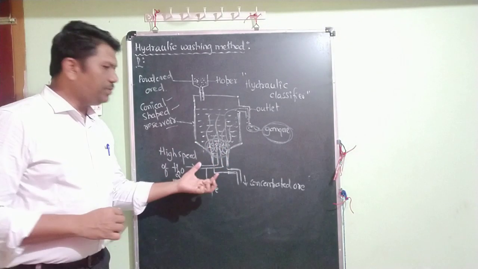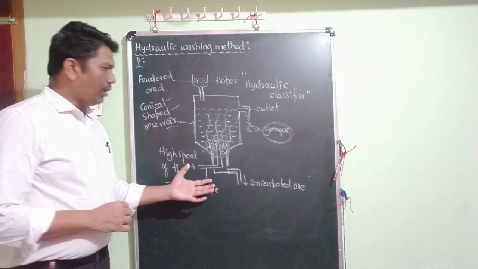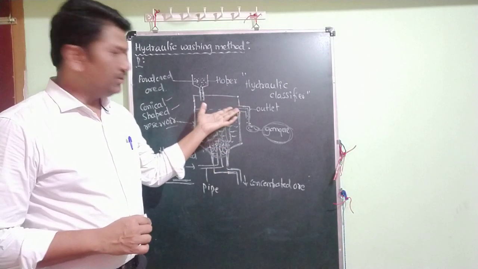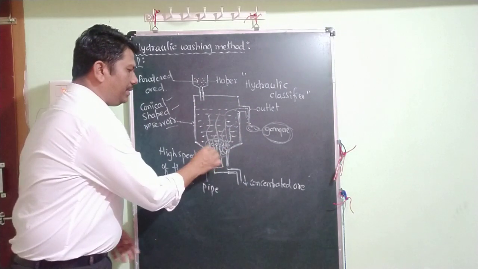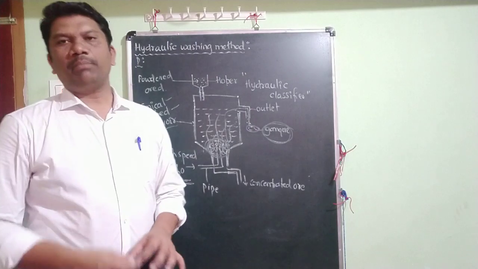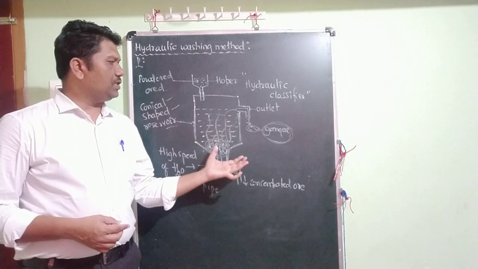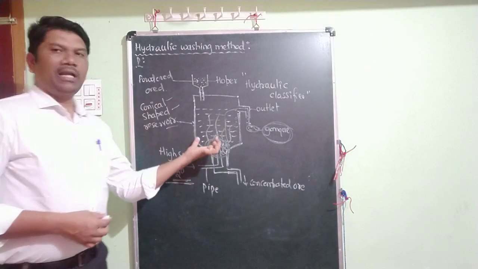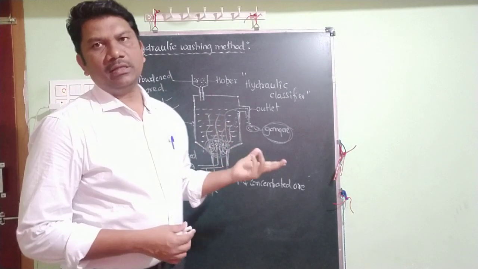Then a high speed of water is introduced through the pipe at the bottom, so that the lighter ganj particles are moved up and pass out through an outlet, leaving behind the metallic particles at the bottom of the reservoir itself. This is the separation of ganj particles and metallic particles by using water. Therefore it is called a hydraulic washing method.